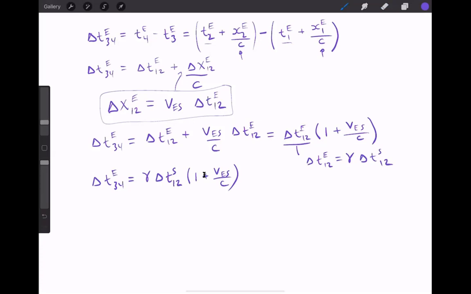So now the trick is to rewrite this gamma, which is 1 over the square root of 1 minus v squared over c squared, there. And you see that this speed is the speed v_ES divided by c squared.